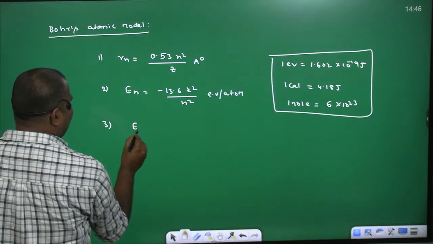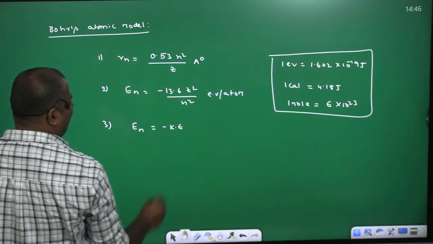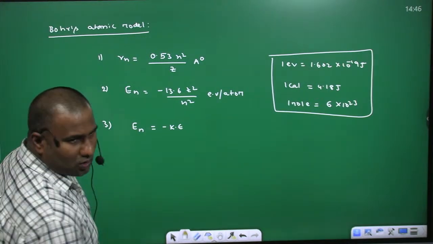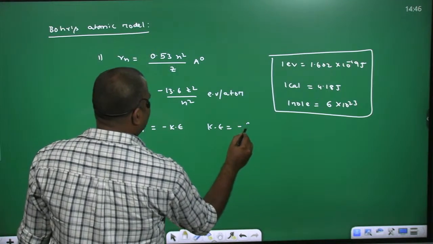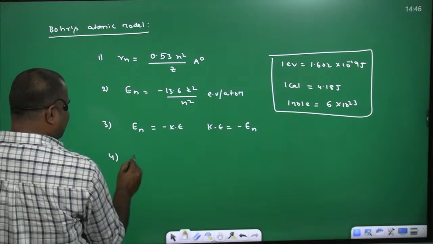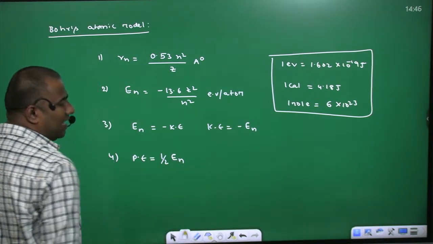The total energy and kinetic energy relation: kinetic energy equal to minus total energy. Kinetic energy of the electron equals minus total energy of the electron, whereas potential energy is exactly half of the total energy of the electron.